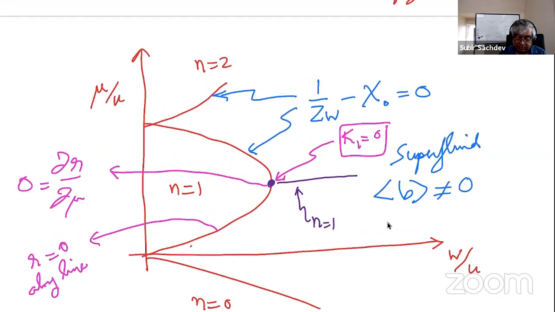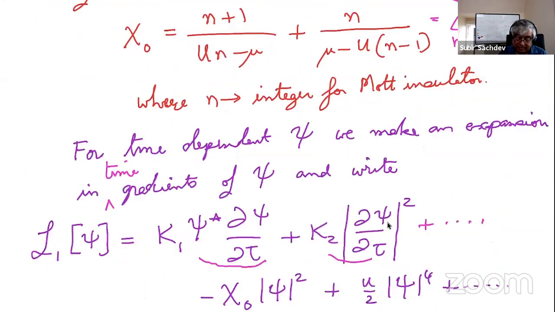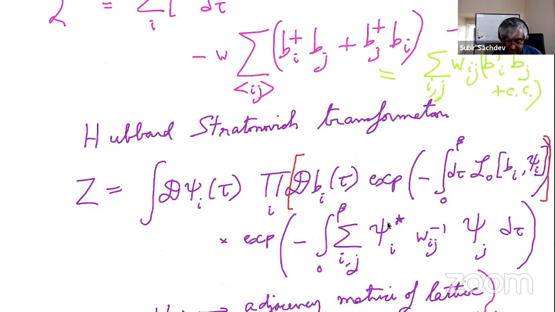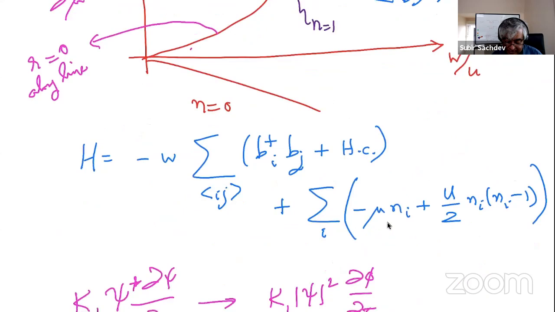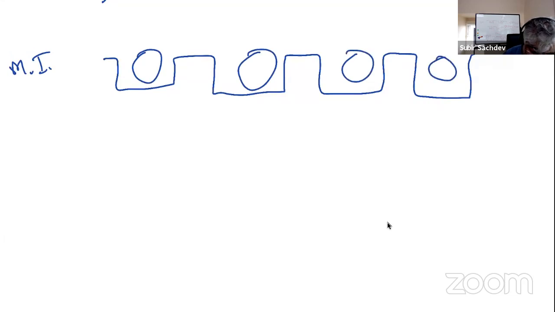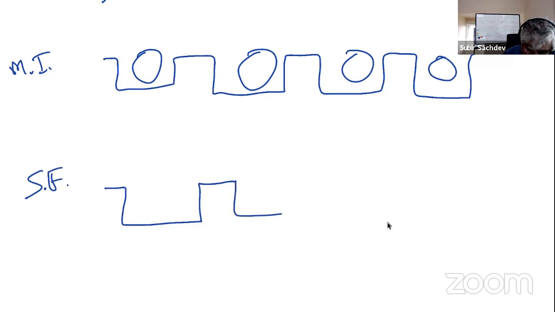So the picture you should have is that here's your lattice. In the Mott insulator, the bosons are rigidly fixed. But in the superfluid, the total number of bosons is fixed, but there are lots of number fluctuations on each site.